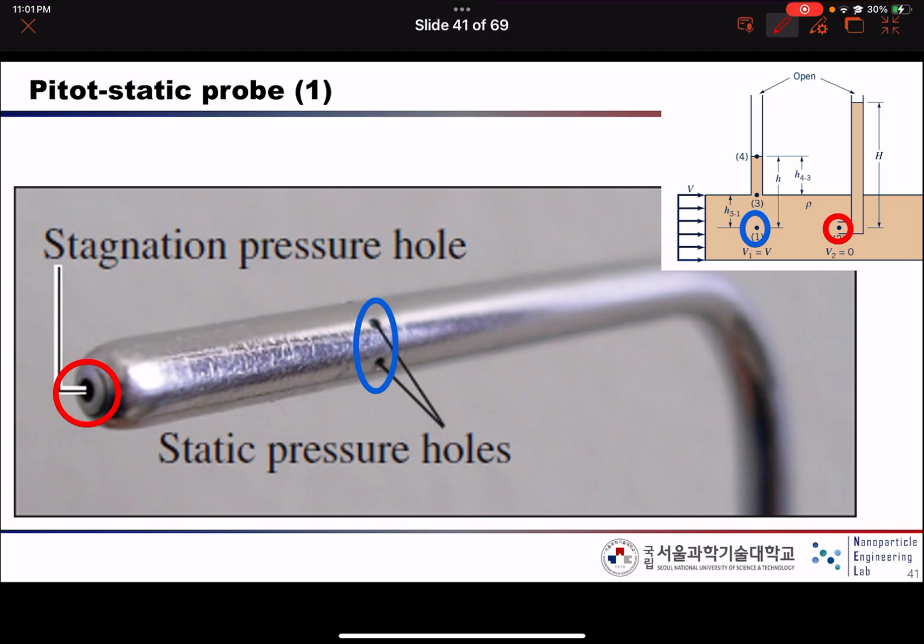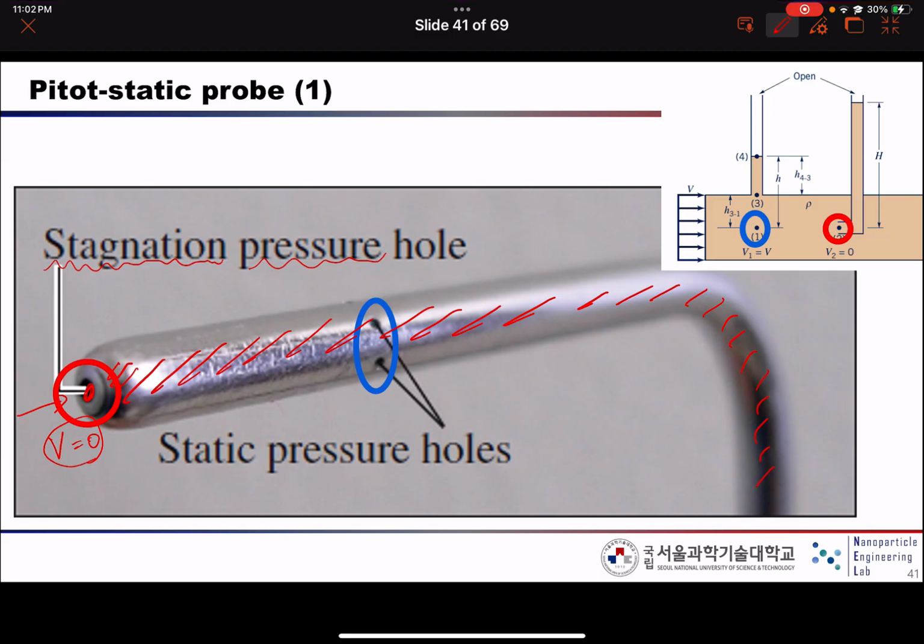So here is a practical example. Here we call this the pitot-static probe. As I already mentioned, here we can fill it with the fluid, right? So at this point, the velocity should be 0, which means we can call it the stagnation pressure.